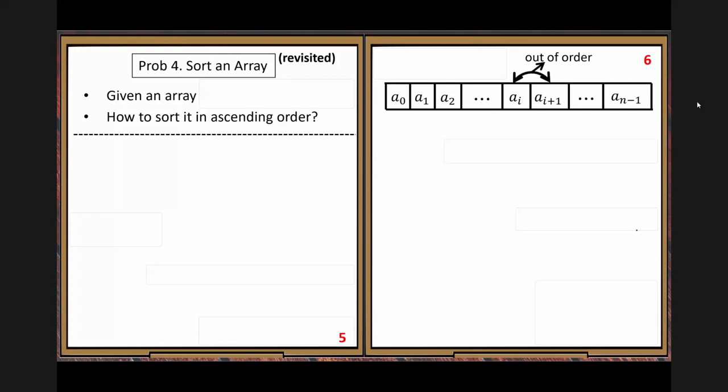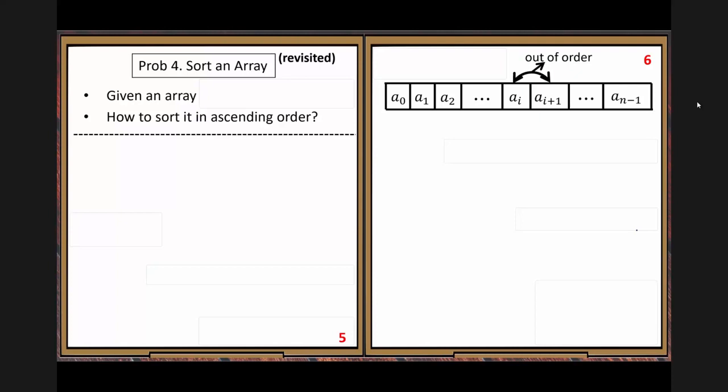That's opposite to our goal. That means in order to make it closer to our goal, do we want to swap these two elements to make it ascending order again? We want to fix the problem.